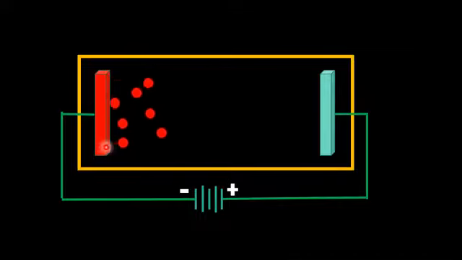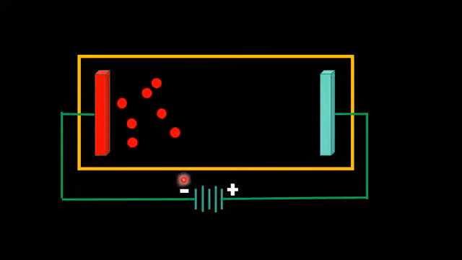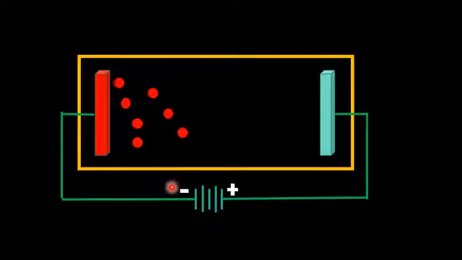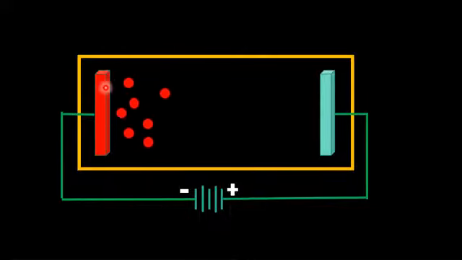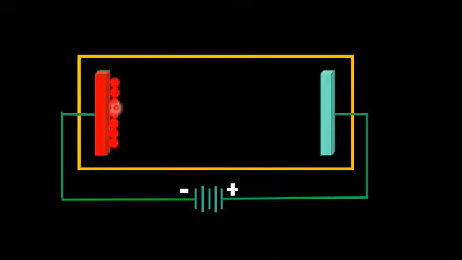So in simple words, high potential is applied on the electrodes, due to which the cathode heats up, and due to the heat, the cathode starts to emit electrons. The emission of electrons due to heat is basically thermionic emission.